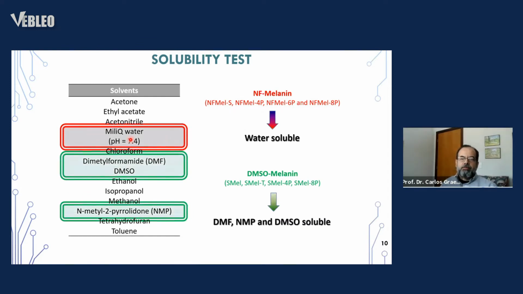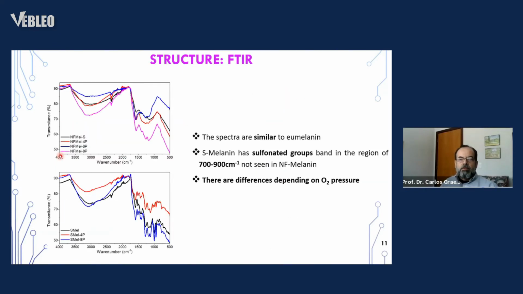In the case of NF melanin or water-made melanin, we can make it soluble in milky water. And in the case of DMSO melanin, we can make it soluble in DMF and DMSO. Concerning the structure, the material made in DMSO is quite similar, apart from this region in the FTIR, where we see the sulfonation of melanin.